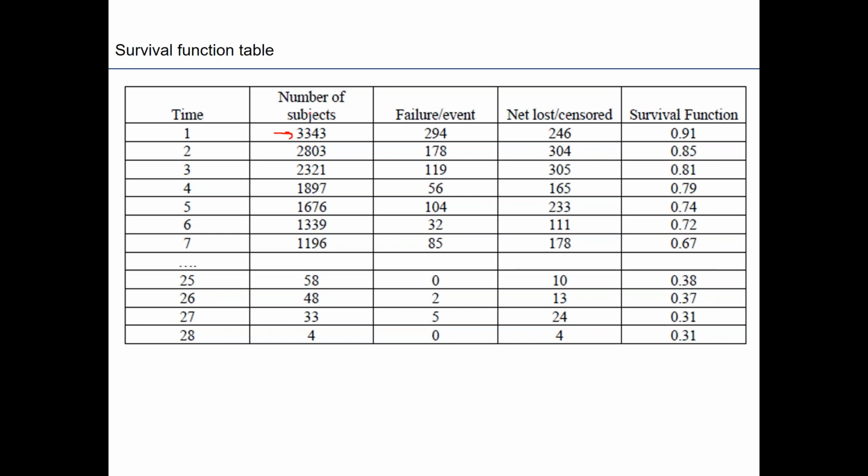So I have in total 3,343. The number of events that occurred is 294, and censored data is 246. So the survival function is nothing but 294 by 3343, right? Or I should say it is 1 minus this. That is your survival function.